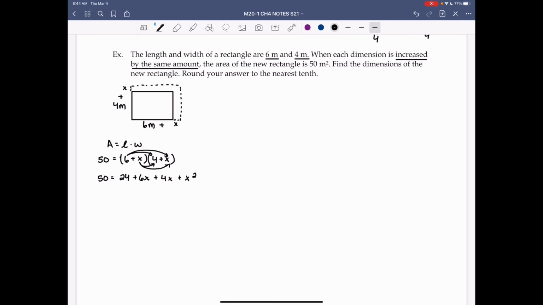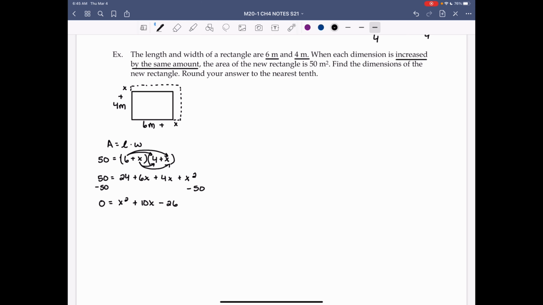Combine like terms and also move the 50 over. I'm going to subtract 50 from both sides, and I get 0 equals, putting the x squared term first, positive x squared, then my x terms, 6x plus 4x, so plus 10x, then my constant, 24 minus 50, which is negative 26.